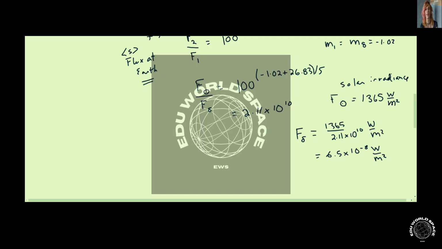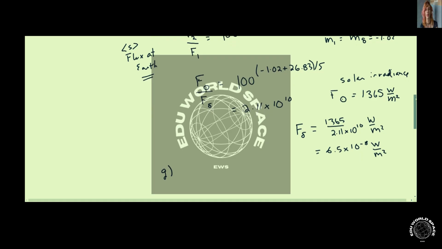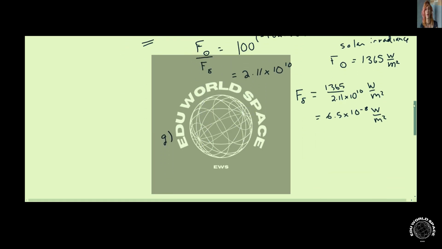Oh, and finally, just to remind ourselves that the star is radiating very heavily in a particular region of the spectrum, let's calculate the peak wavelength from this blackbody. So using Wien's displacement law, peak wavelength times the temperature is 0.002898 meters times Kelvin.